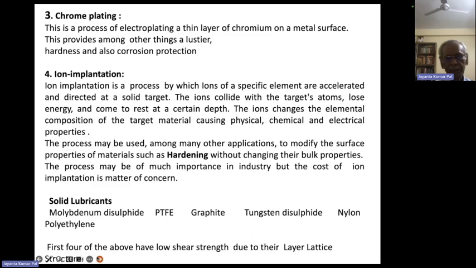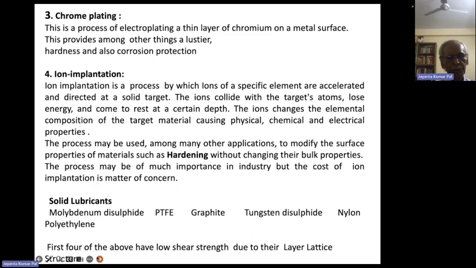The ions change the elemental composition of the target material and cause changes in physical, chemical, and electrical properties. The process is of much use and can be used in many different kinds of applications.